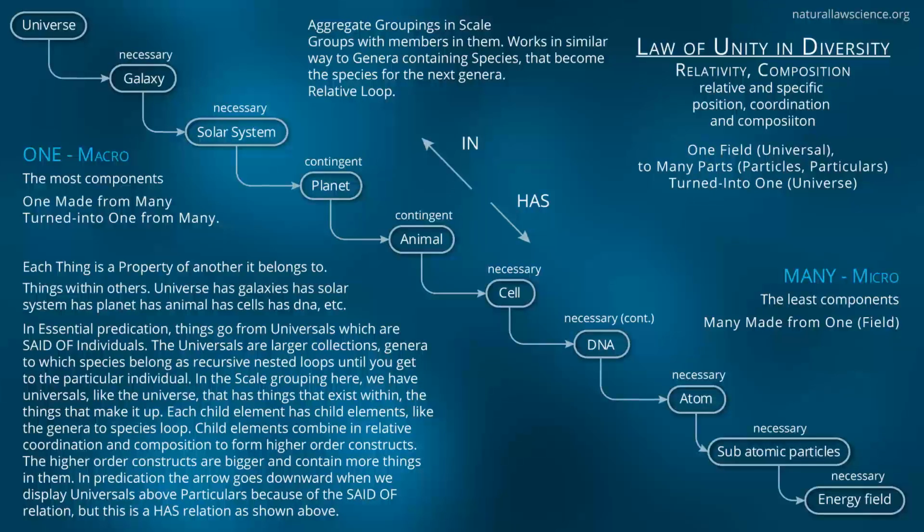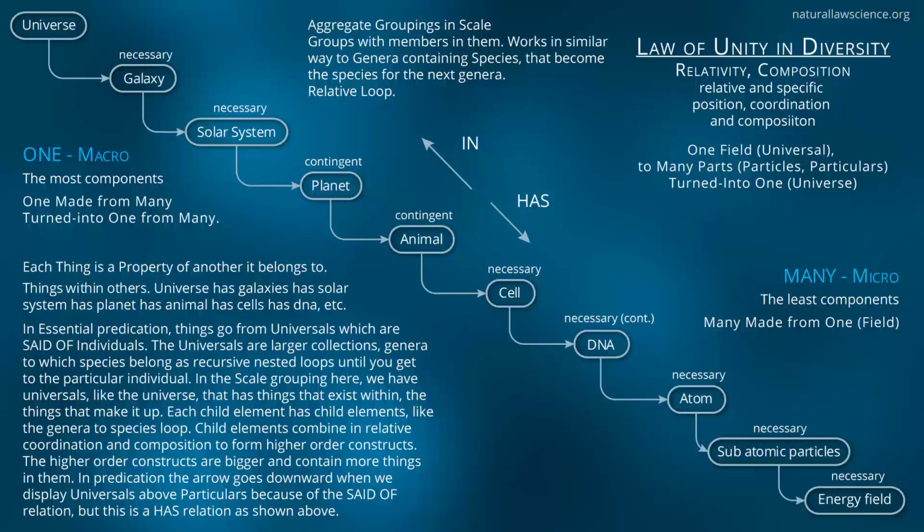So the child elements combine into relative coordination and composition to form higher order constructs. The higher order constructs are bigger and contain more things in them. So the child of cell produces the parent of animal. So that's not the way parents and children produce, but in terms of relational terms, the children are what compose the parent.